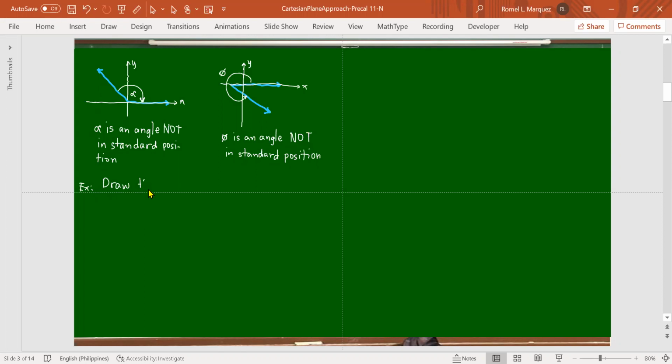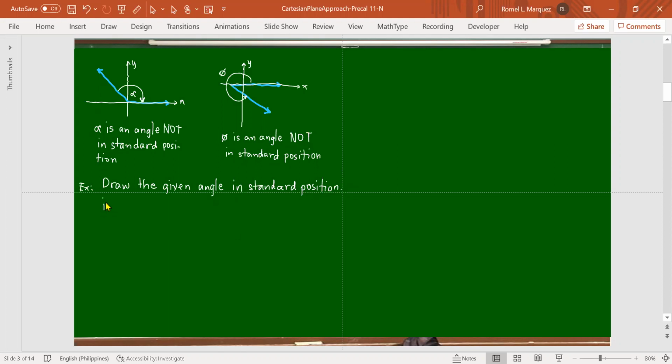Even if I don't mention standard position, from now on I mean it in standard position, unless otherwise stated. So draw the given angle in standard position.